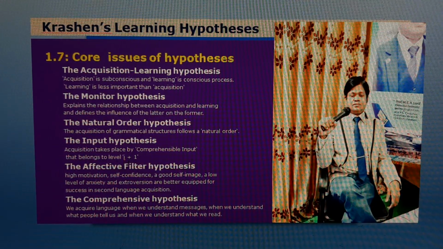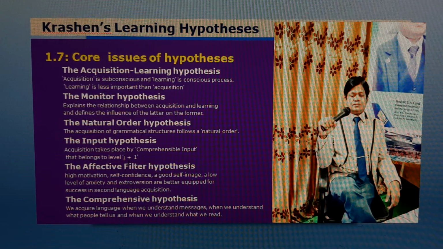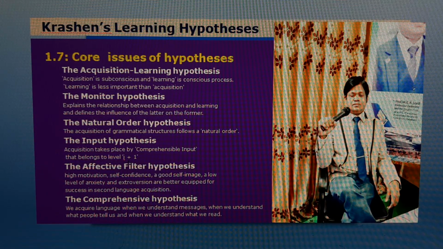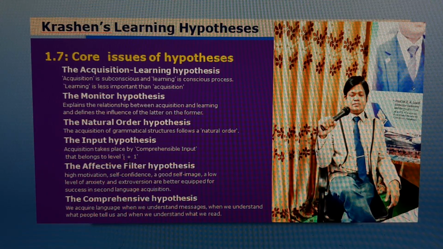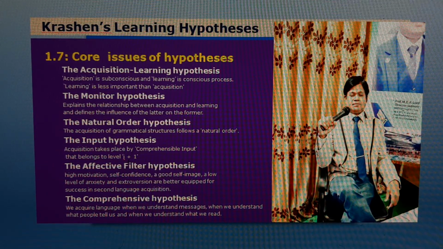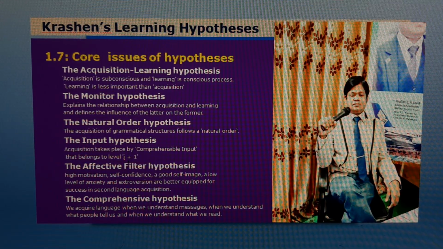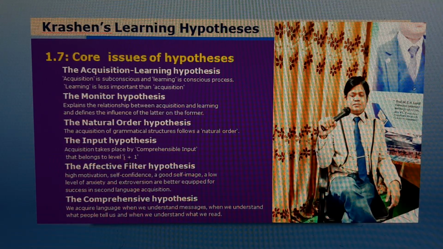The natural order hypothesis. The natural order hypothesis is based on research findings which suggest that the acquisition of grammatical structures follows a natural order which is predictable. For a given language, some grammatical structures tend to be acquired early while others late.